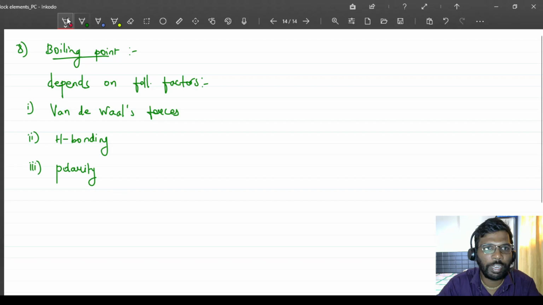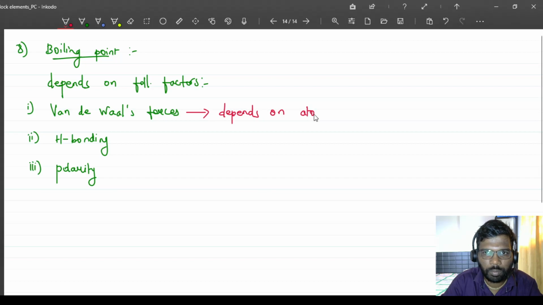Now, on what factor does Van der Waals force depend? It depends on atomic size. The more the atomic size or the molecular size, the more is the Van der Waals force.